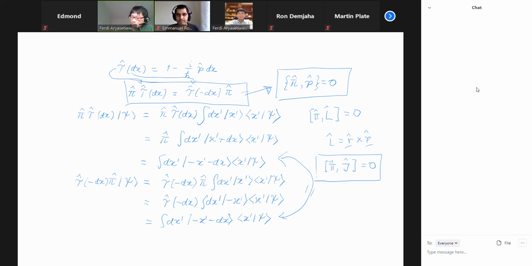Although the inversion symmetry seems very simple, it can have some interesting consequences. We'll discuss this later, next time, on Friday, I think. So let me check. Could we have it on Friday or Thursday? Yeah, it's on Friday.